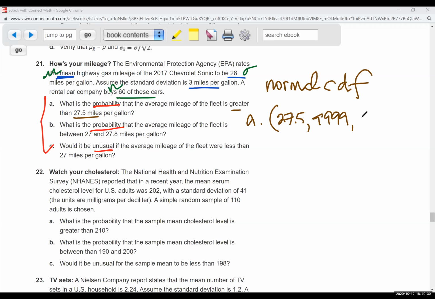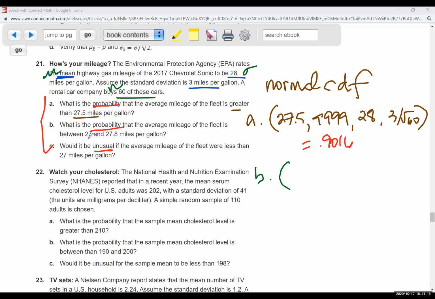Then the mean is 28, and the standard deviation is 3 over square root of 60. Try that and let me know your answer. Yes, that's correct: 0.9016.